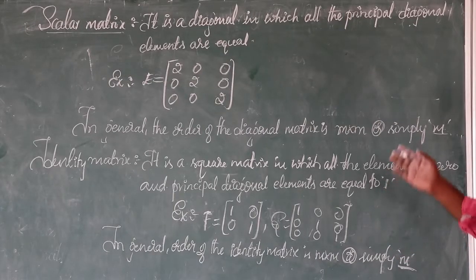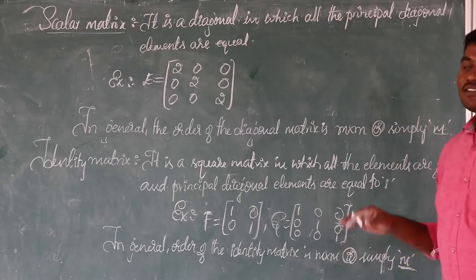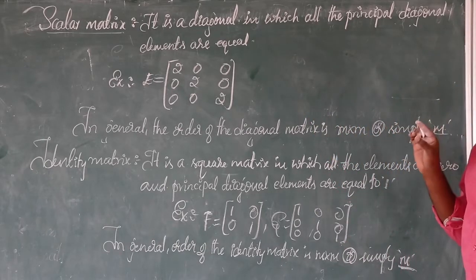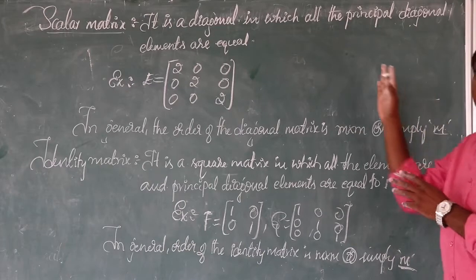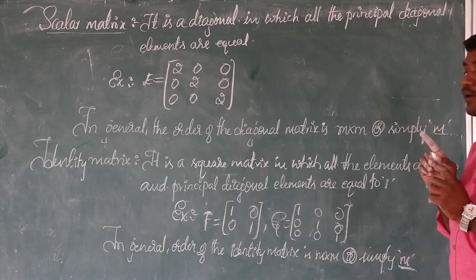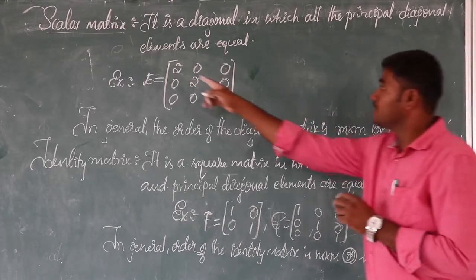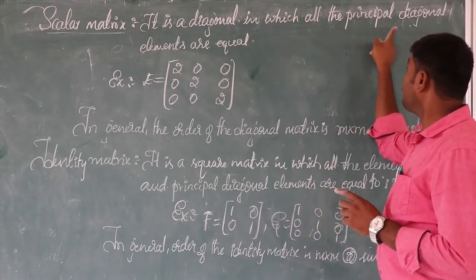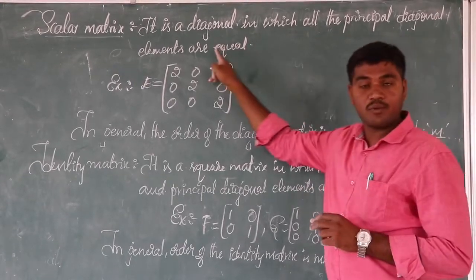So the next one is the scalar matrix. It is a diagonal matrix. As you know, a diagonal matrix is a square matrix in which all the elements are equal to 0 except the principal diagonal elements. A scalar matrix is a diagonal matrix in which all the principal diagonal elements are equal to each other.